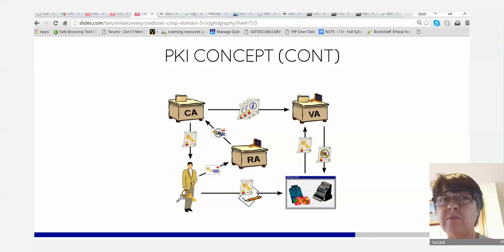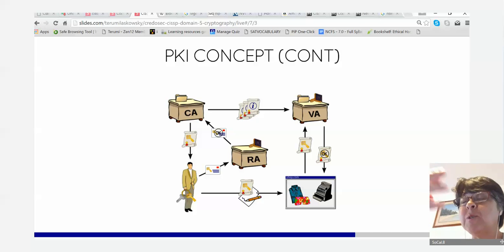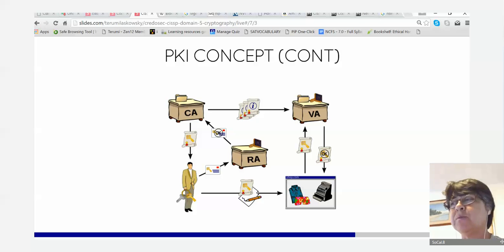So please go ahead and revert to that. And the CA gives back or makes available the certificate attached to it, the public key, right, of this person, and signed by the CA. So that's one phase, isn't it? And then this user wants to buy something from, let's say, an e-commerce site.